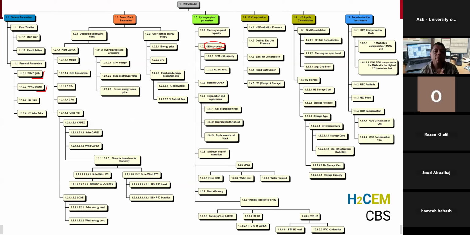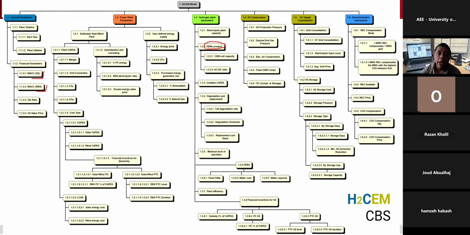For example, if we need a hydrogen plant of around 100 megawatts, and the OEM has modules of 30 megawatts, to cover 100 megawatts we need to install 5 modules of 30 megawatts each.